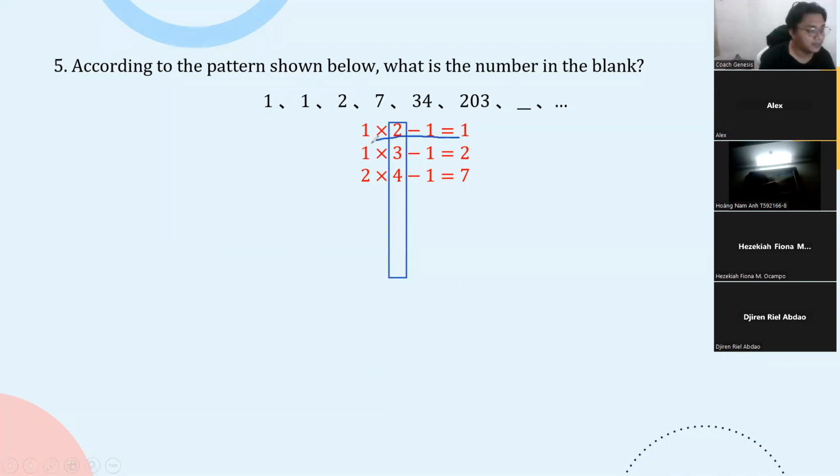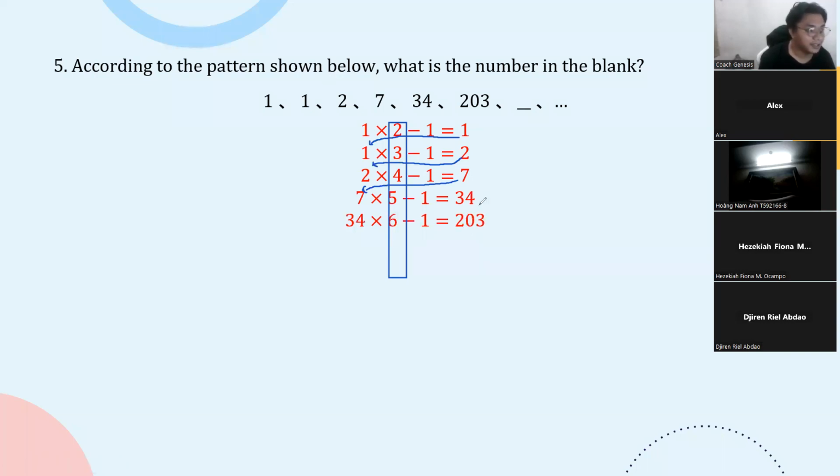So in this case, let's say we have 1, we have 2. So what do you expect next? We have 7 multiplied by 5 and then subtracted by 1. So as you can see, 7 multiplied by 5 and then minus 1. So that is 34.